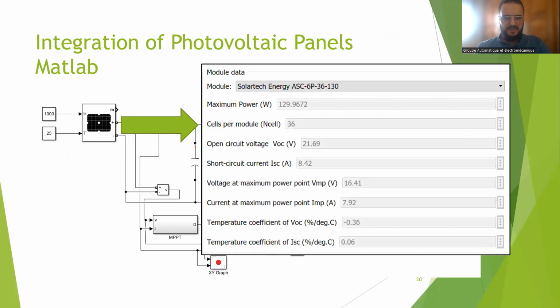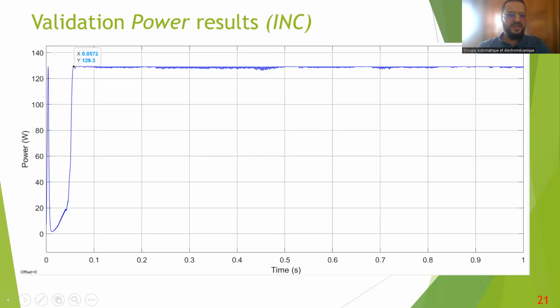Our PV has a maximum power of almost 130 watts, and we have characteristic points like the open circuit voltage and the short circuit current. You can see in the power validation results for the incremental method, we get the maximum power. 130 watts is the maximum power that can be supplied by the PV, and it takes about 0.05 seconds.